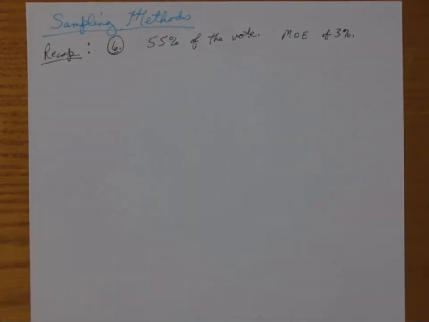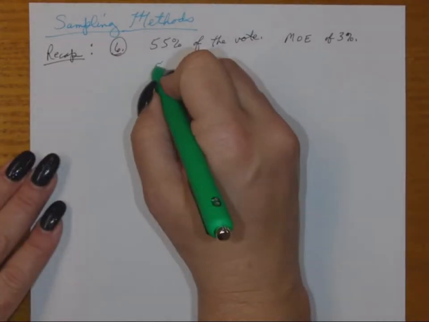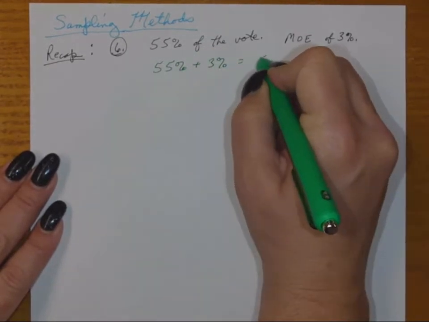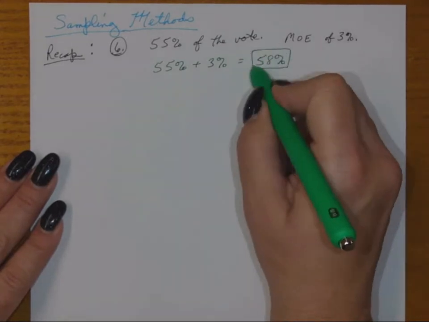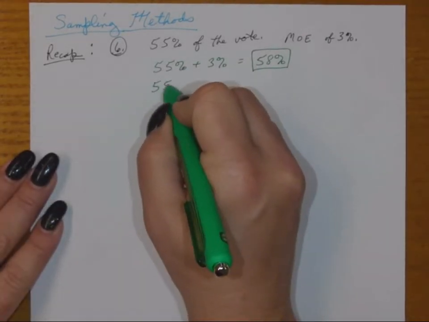Okay, so if we look at that and we consider that margin of error, if you remember the math that we were working on the other day, we'll add that 3%, 55% plus 3%, so the most votes that we would expect for the actual election to have for this particular candidate would be about 58%, and then we'll subtract that 3%.